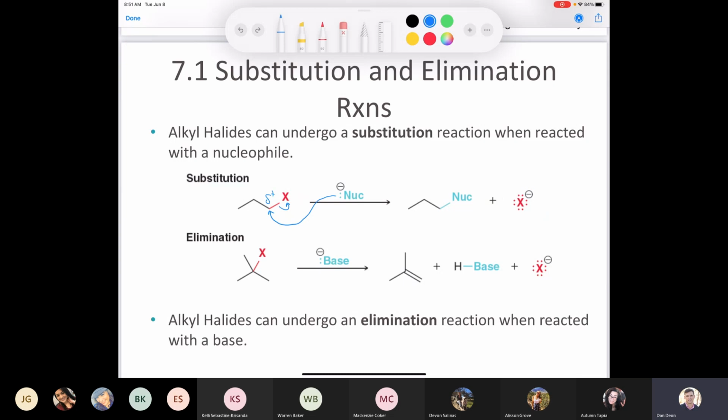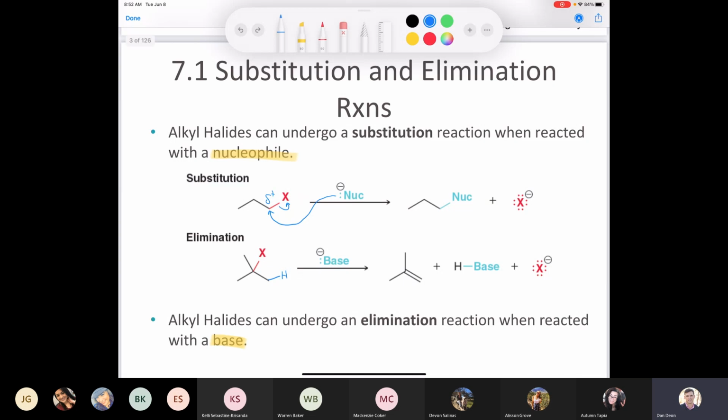In an elimination reaction, we take our alkyl halide and we react it with a base. So again, substitution is a reaction with a nucleophile, whereas elimination is a reaction with a base. And how does that work? Well, let me show you. If you take a look at this methyl group here, I'm just going to illustrate one of the protons. And what happens is that you eliminate a hydrogen from the molecule as you eliminate the halogen from the molecule.